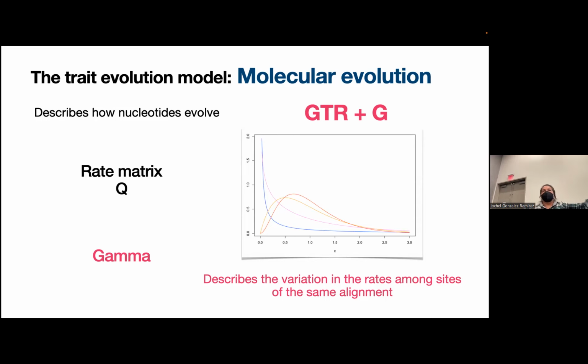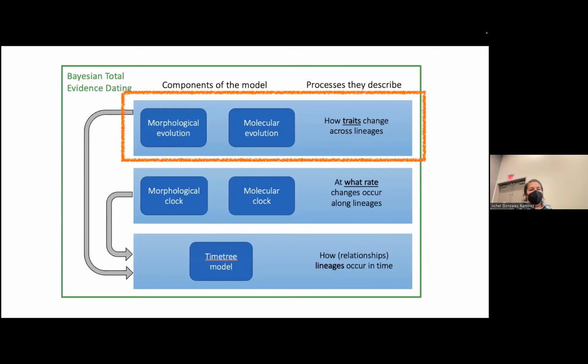This is changing faster, so I'm going to multiply it by 3. This is changing slower, so I'm going to multiply it by 0.5. And that's how I allow my nucleotides within the same alignment to have different rates. Okay. So that's pretty standard, and because there are so many tutorials about molecular evolution, that's as far as we're going to go.